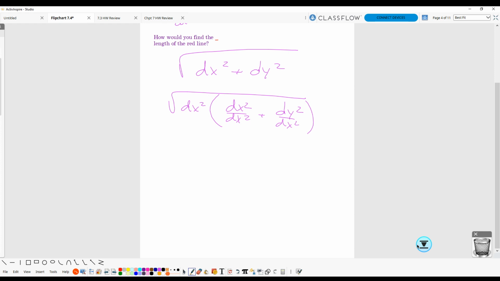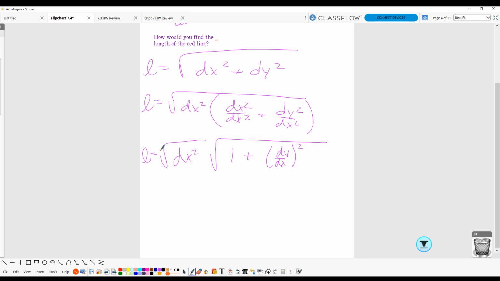And then square roots, you know that I can pull it apart. What is dx squared over dx squared? Hey, we have a name for dy over dx. That's the slope, the derivative, yeah? So the length of any triangle is the change in x squared plus change in y squared, and now I'm doing funny things to get a formula that I want.